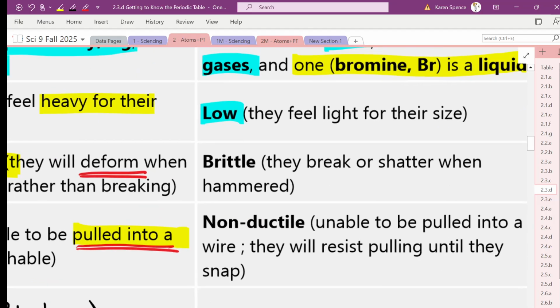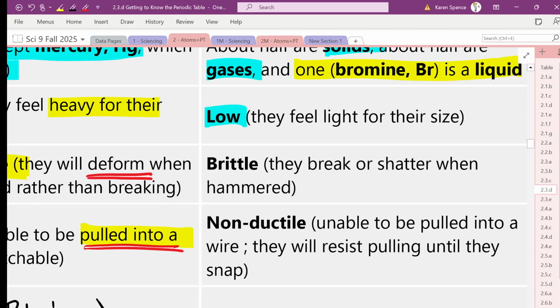If you hammer it, it's going to break or shatter. So your nonmetals are generally brittle. Think about the lead of your pencil. What happens if you hit it too hard? It breaks, especially if you've got the nice 0.5 lead. So they are brittle, which means they break or shatter when they are hammered.